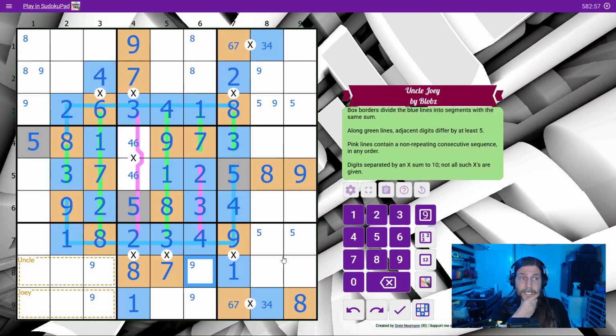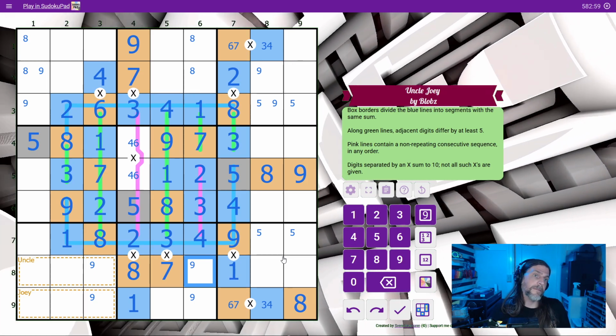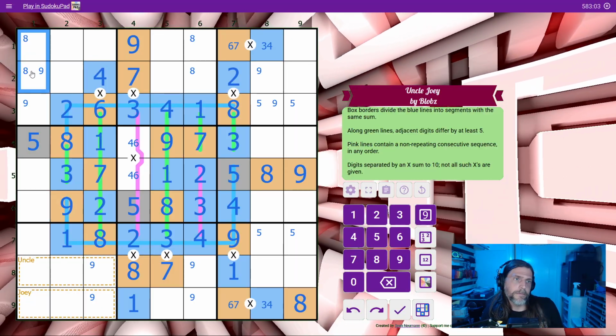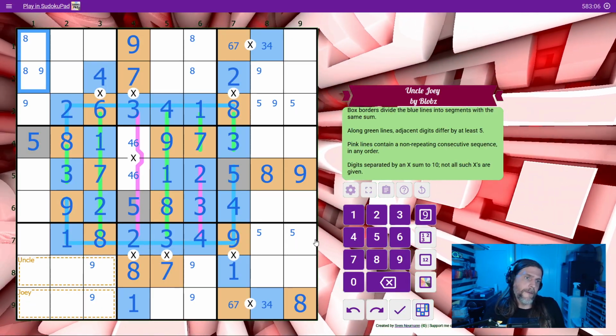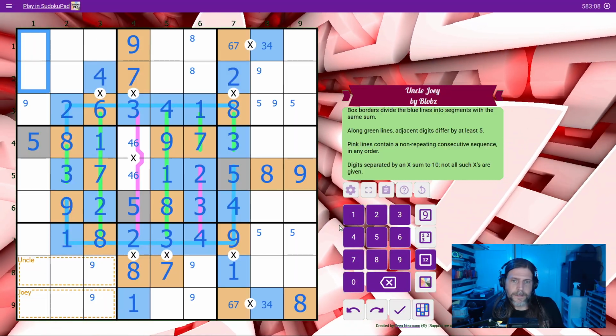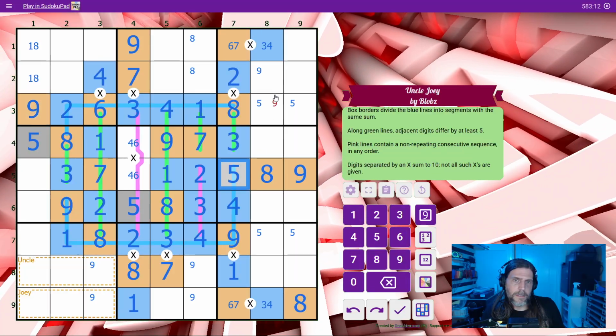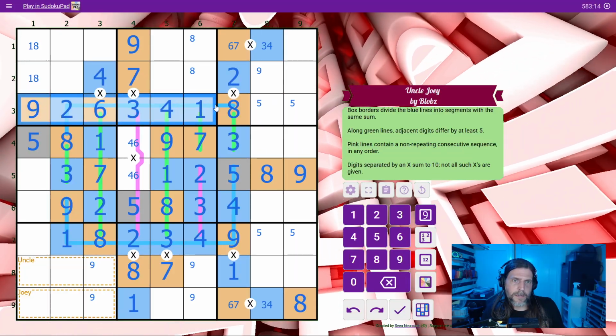7s. It's not very exciting. Start from the other end of the world. 1s. This is a 1, 8 pair, right? Which places the 9. And makes this a 5, 7 pair.